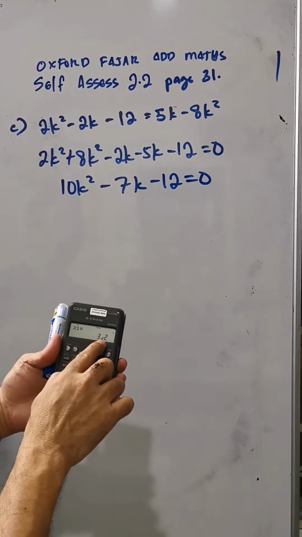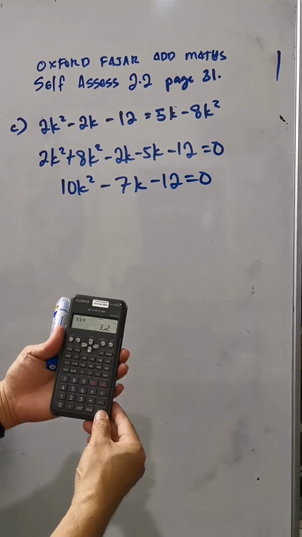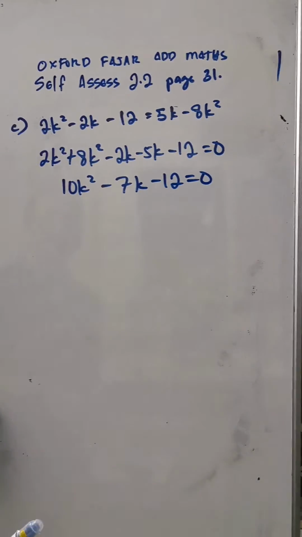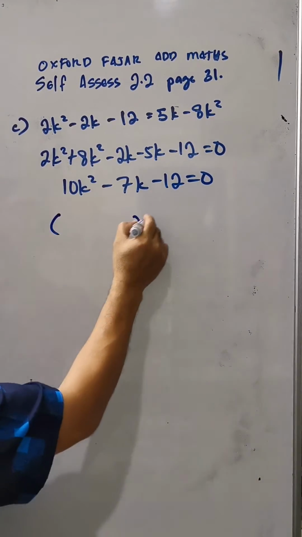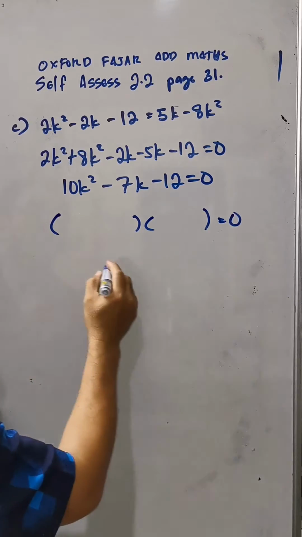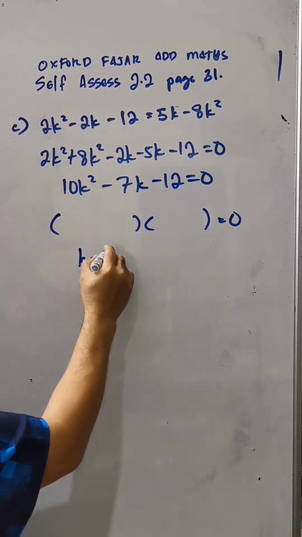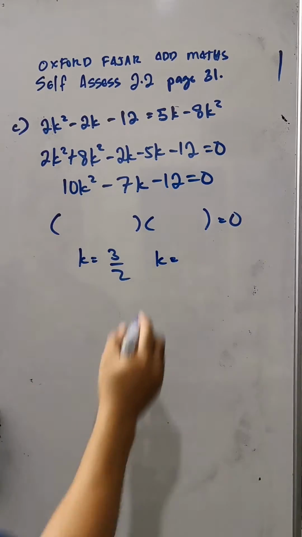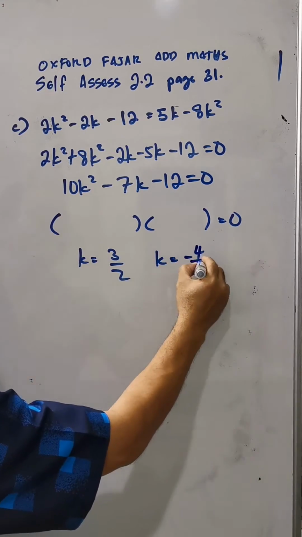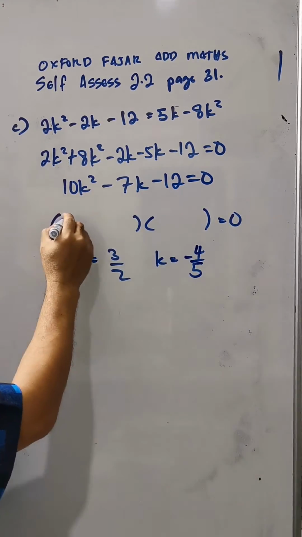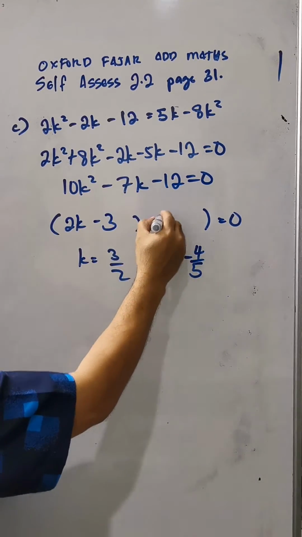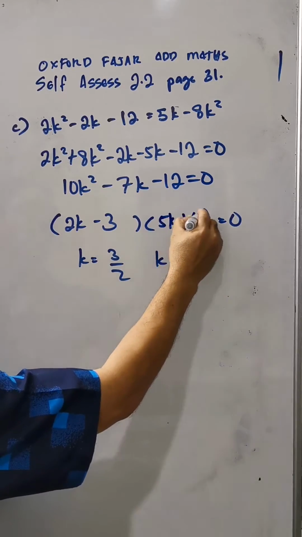So the first value of k will be 3 over 2, and the other value will be negative 4 over 5. So we put 2 brackets here equal to 0. The first k will be 3 over 2 and the other k will be negative 4 over 5. So inside the brackets here will be 2k minus 3 and 5k plus 4.